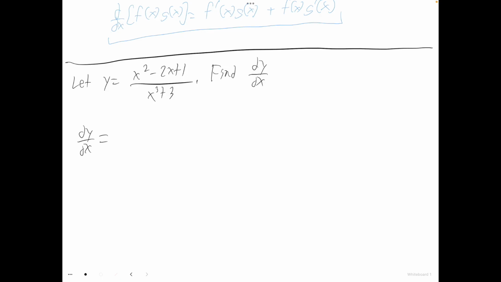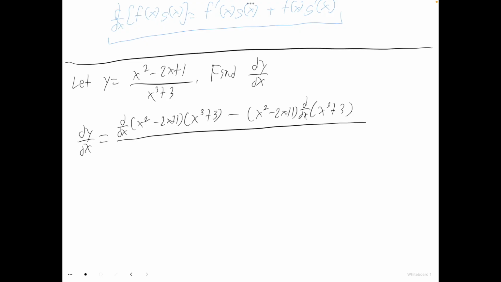So we're going to have the derivative of the top, which is the derivative of x squared minus 2x plus 1, times the bottom, which is x cubed plus 3, minus the top, which is x squared minus 2x plus 1, times the derivative of the bottom. And we're going to take that whole thing divided by the bottom squared.